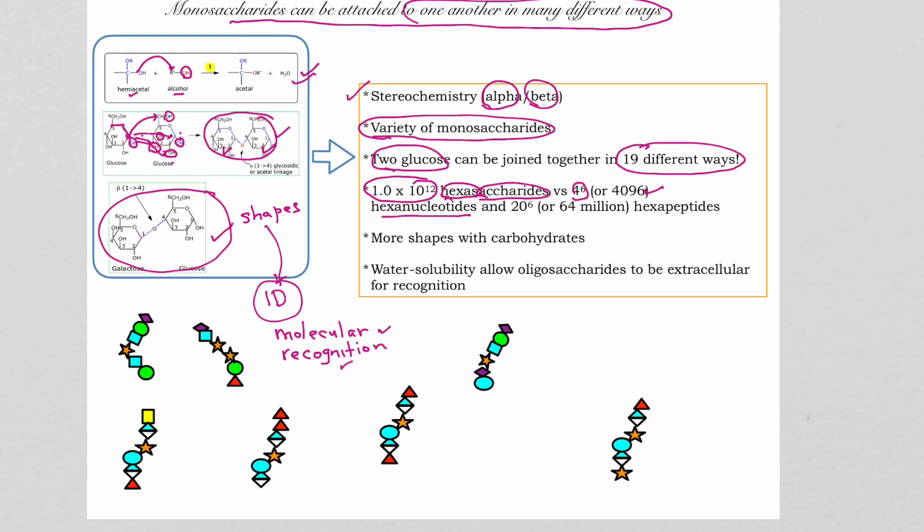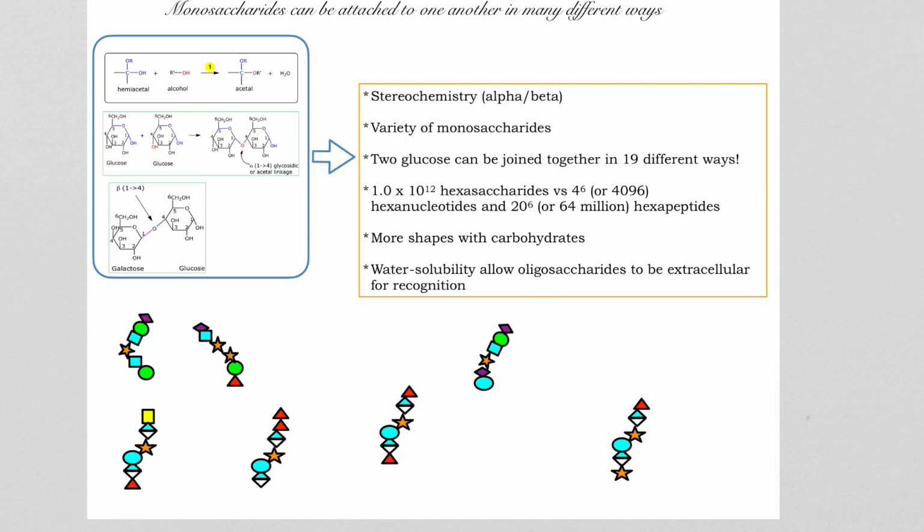So you can make 4,000 different hexanucleotides, small DNA or RNA, but you can make billions of hexasaccharides, small carbohydrates that have 6 monosaccharides. For proteins, you can make 20 raised to the power 6, that's 64 million hexapeptides. So compared to proteins, 64 million, nucleic acids, about 4,000.